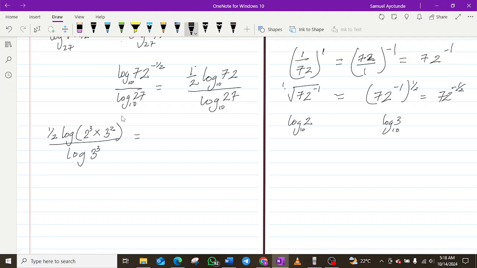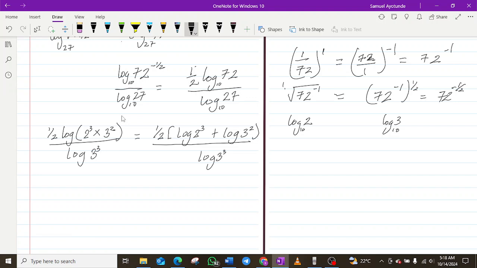So I will simplify this way, using the first law, and we have log 2 raised to power 3 plus log 3 raised to power 2, all divided by log 3 raised to power 3. Don't forget they are all in base 10. And if I decide not to write the base again, they are still in base 10.